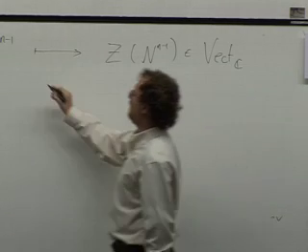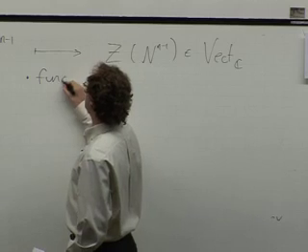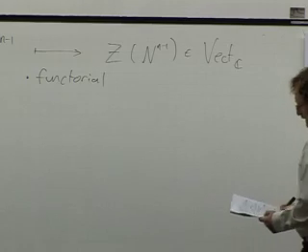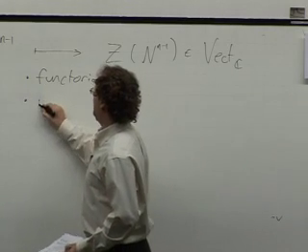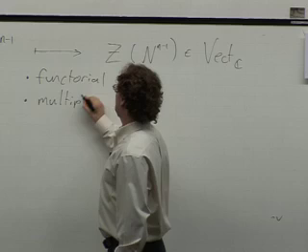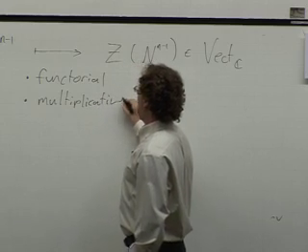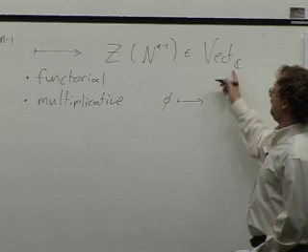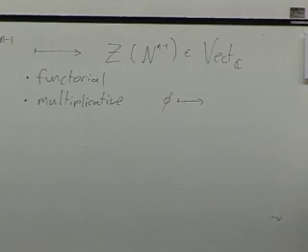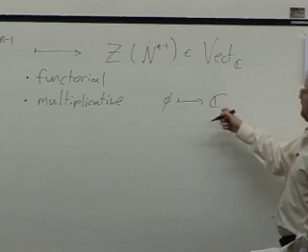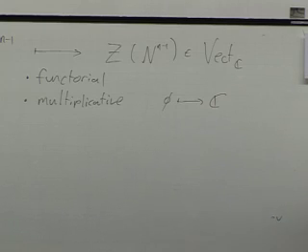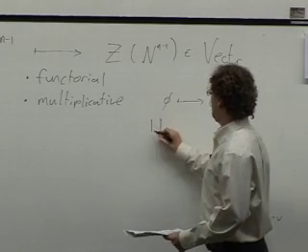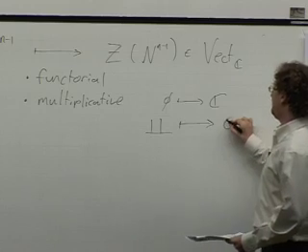This should have the property, again, that it should be functorial under diffeomorphisms of n, and it should be multiplicative. Multiplicativity here means that, again, to the empty set I'm going to assign the unit in vector spaces. Vector spaces have a tensor product, and the unit for that is the complex vector space C. Disjoint union should go to product, which now is my tensor product.